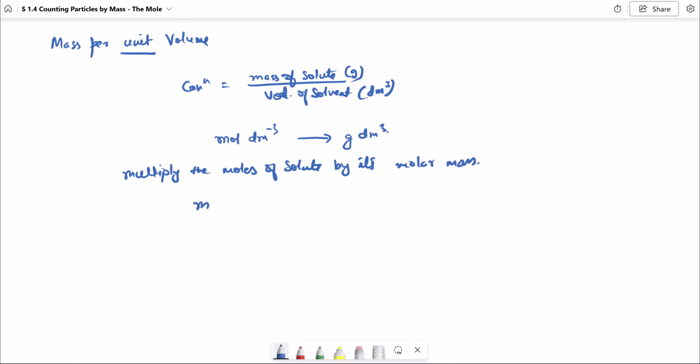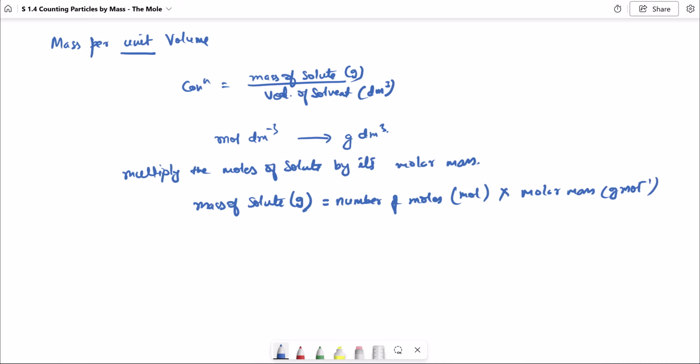That means mass of solute that is given in gram will be equal to number of moles into molar mass, that is gram per mole, right?